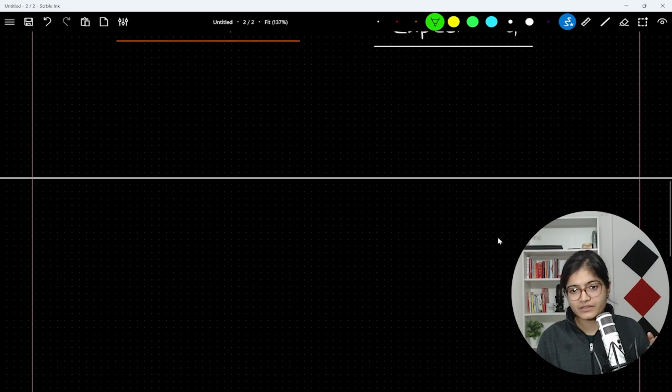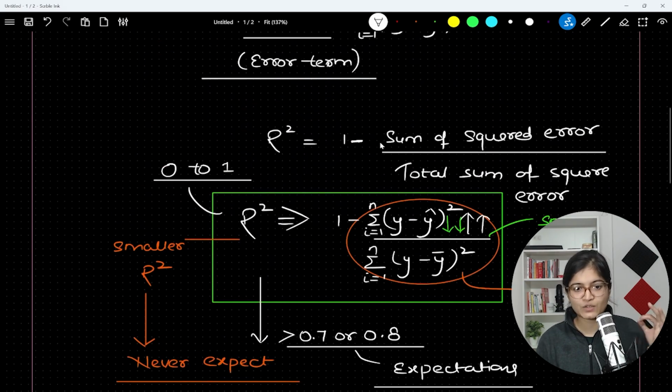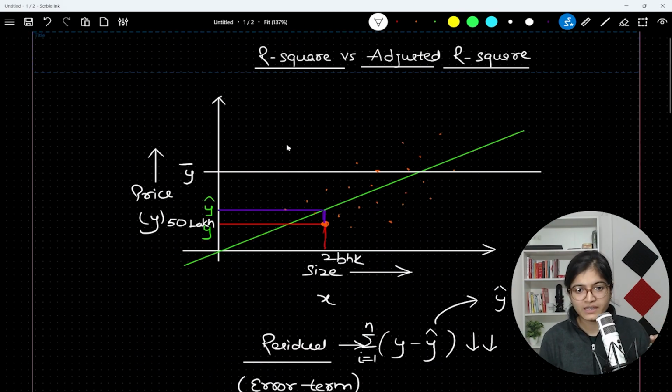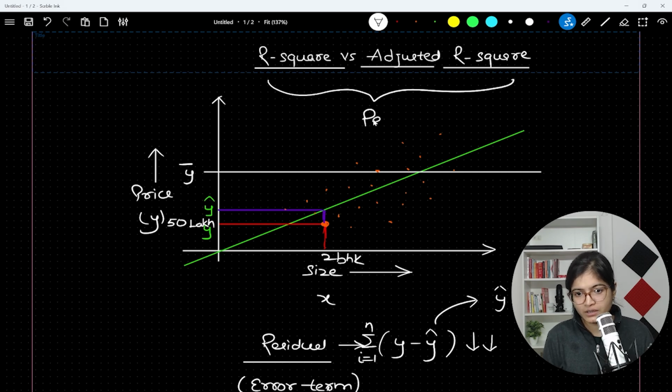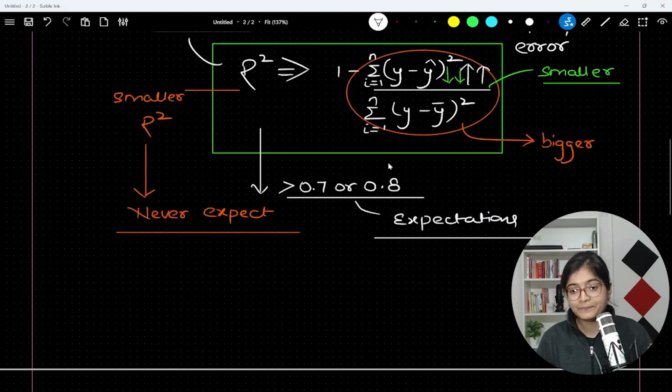Now here comes something more interesting. This is the talk about r square, which is one of the very crucial performance metrics, I would say, that we have for the regression model. And it is not only about linear regression; be it any regression kind of problem you are solving, you can measure this, right?